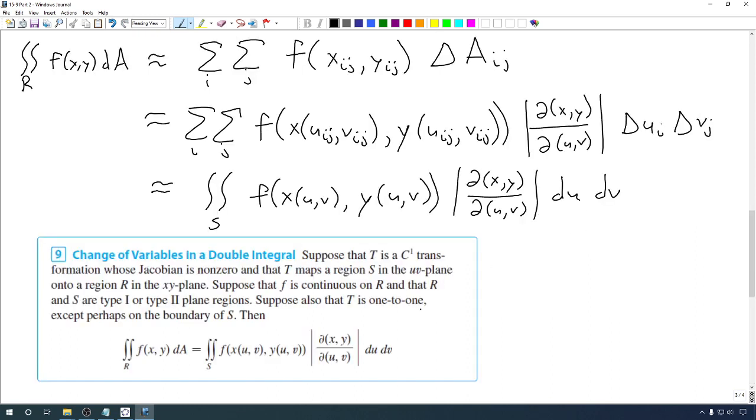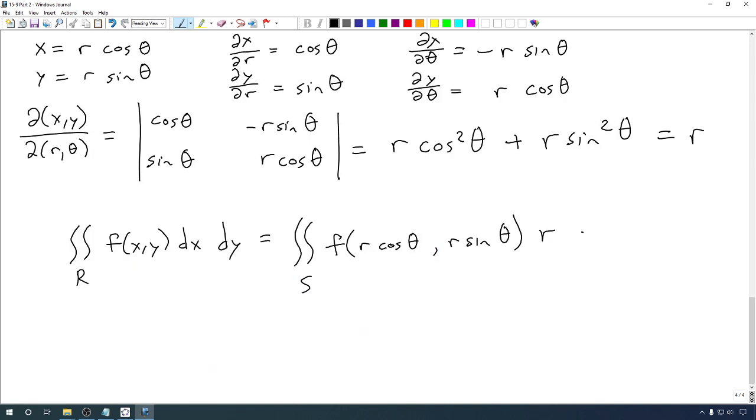And then of course we put in du dv, which in this case is dr d theta. And that's exactly the formula that we got before. The extra r that we kept seeing is actually just the Jacobian of polar coordinates. That's all it means. It's this particular value that comes from our transformation rule.